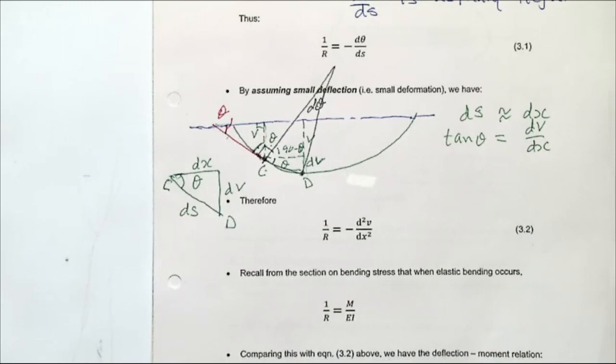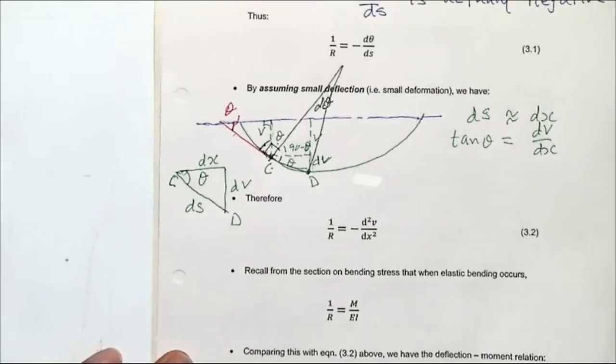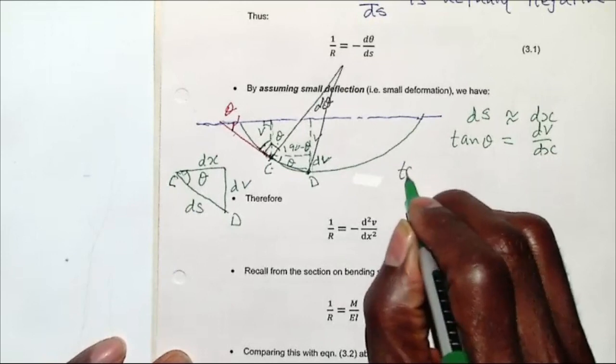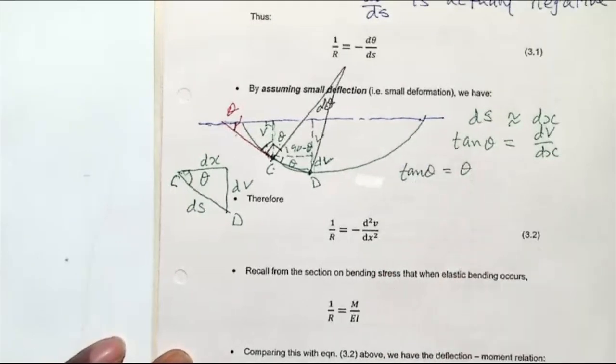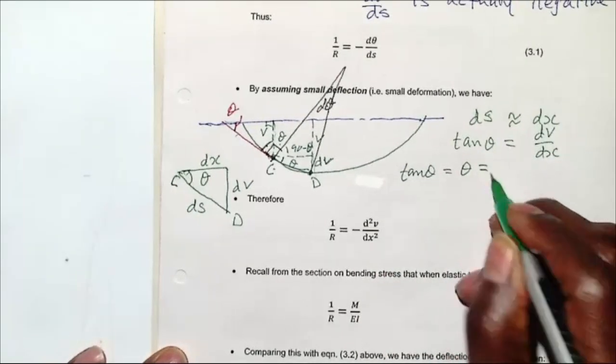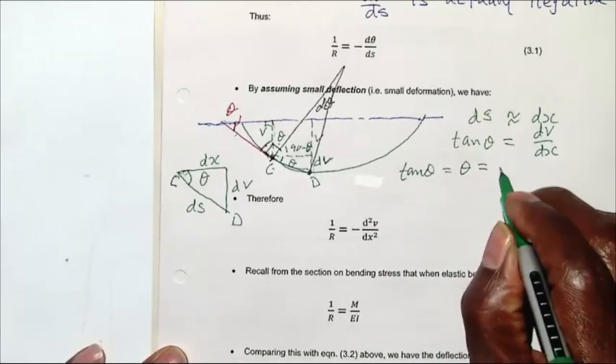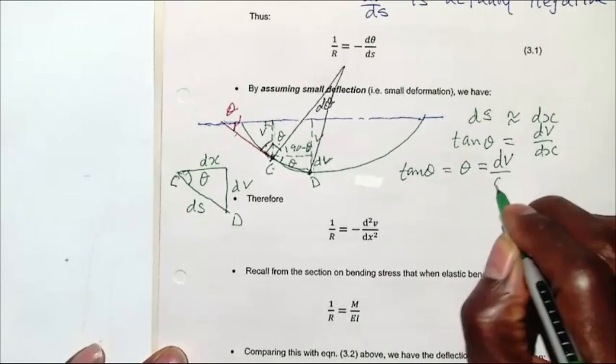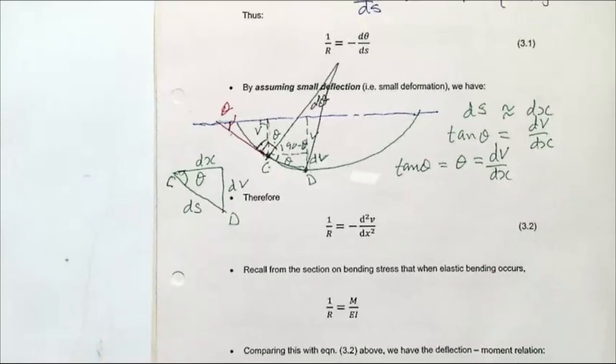Theta. Yep. If theta is very small, then tan theta will be the same as theta. So we can say that tan theta equals theta equals dv over dx.